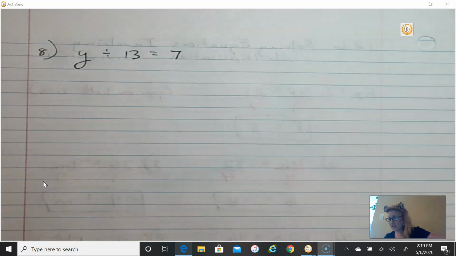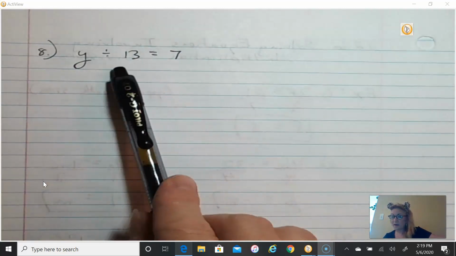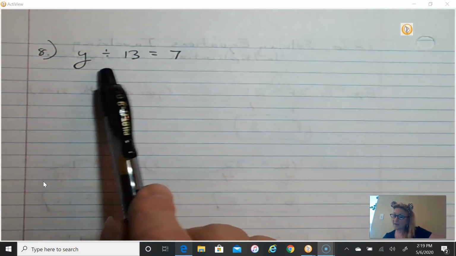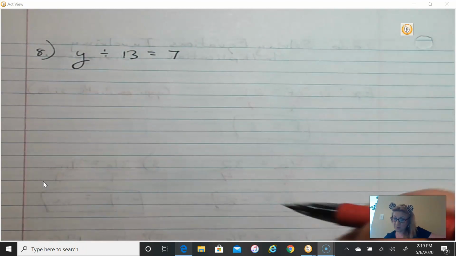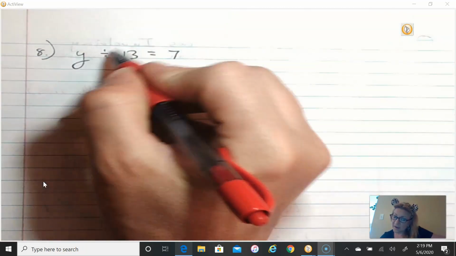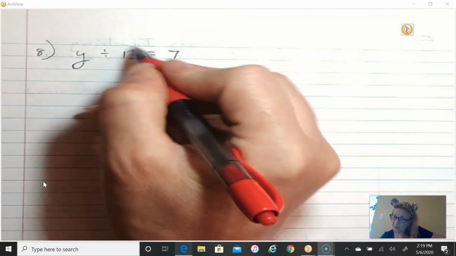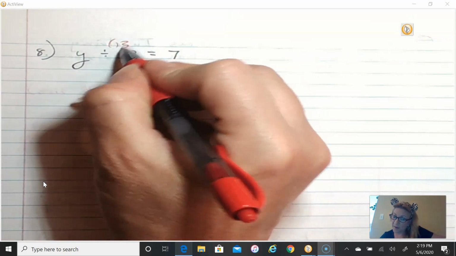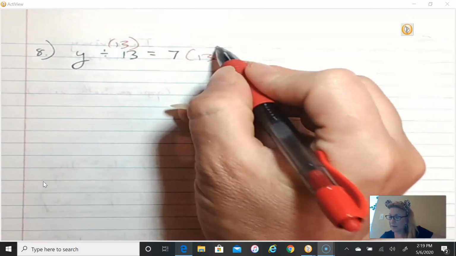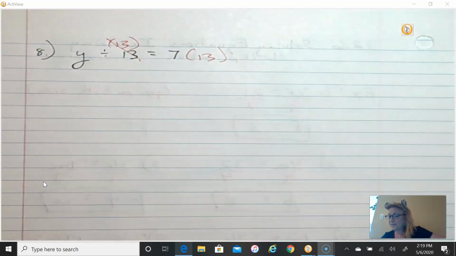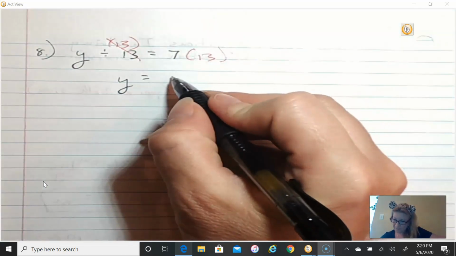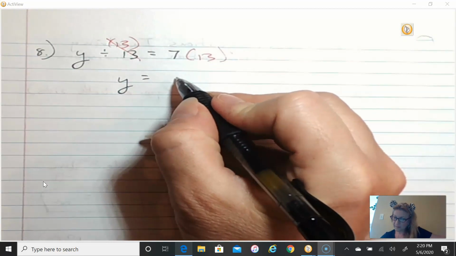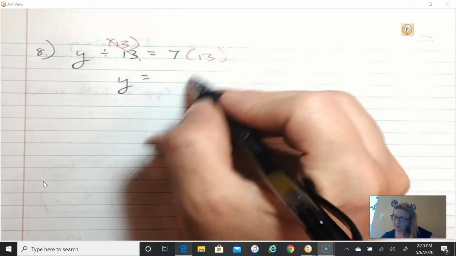All right, so what you need to do is get rid of that 13. Because it's dividing here, we're going to multiply both sides by 13, this by 13 and this by 13. So these cancel out, and y equals 91.